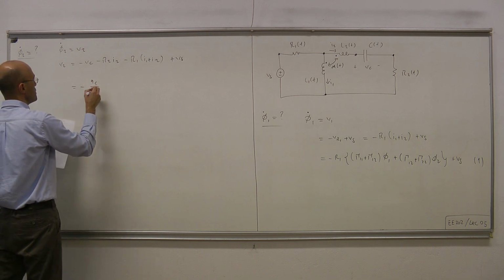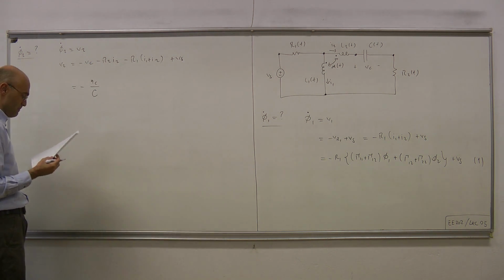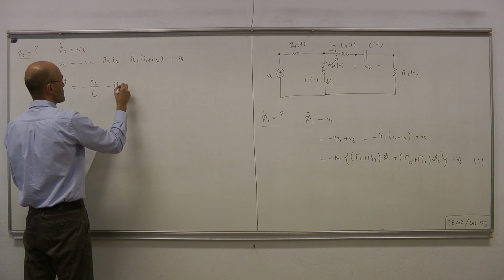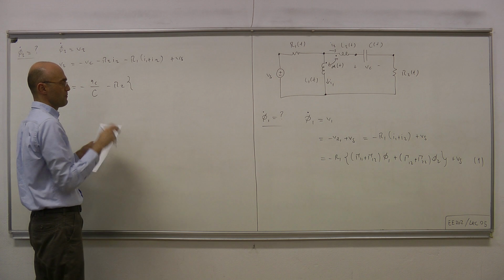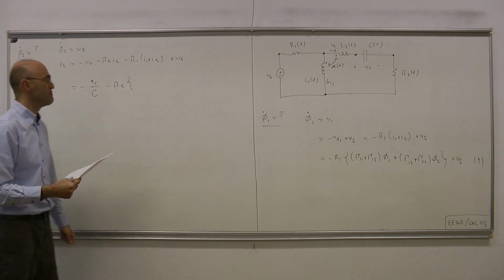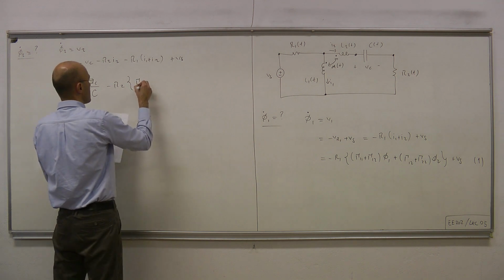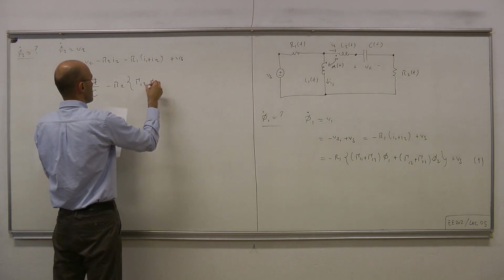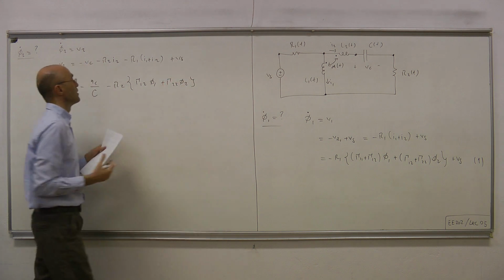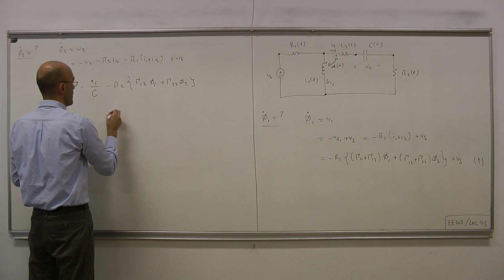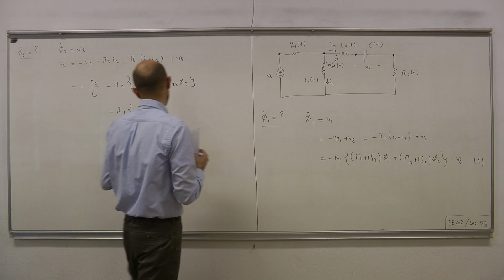Vc is Qc over the time varying capacitance C. Minus R2 times I2, and I2 is from our inverse inductance matrix expression, gamma 1,2 phi1 plus gamma 2,2 phi2. And we have minus R1 times (I1 plus I2), which is here.